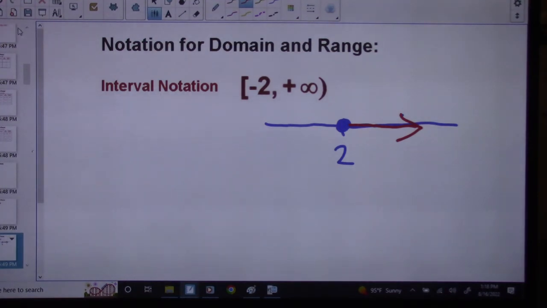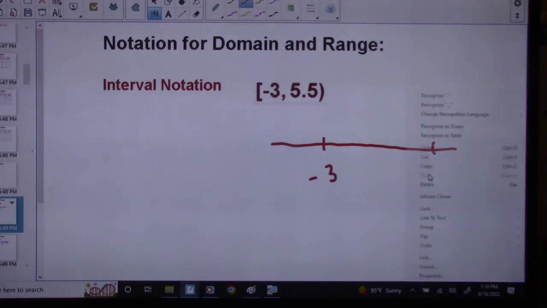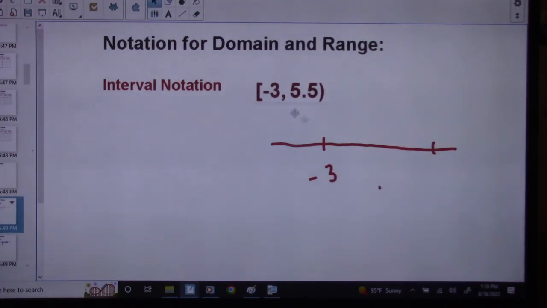And the key thing you're doing is looking over on the left side here. I didn't do a number line for this one, but here are the critical points: -3 and 5.5.